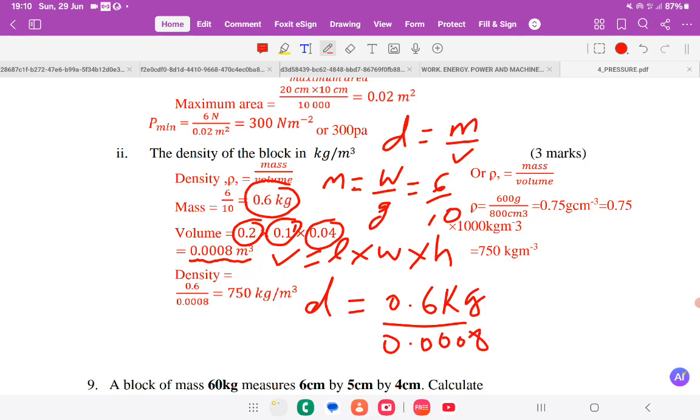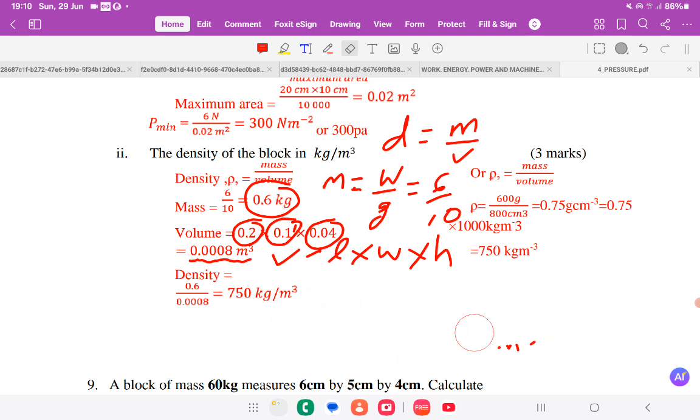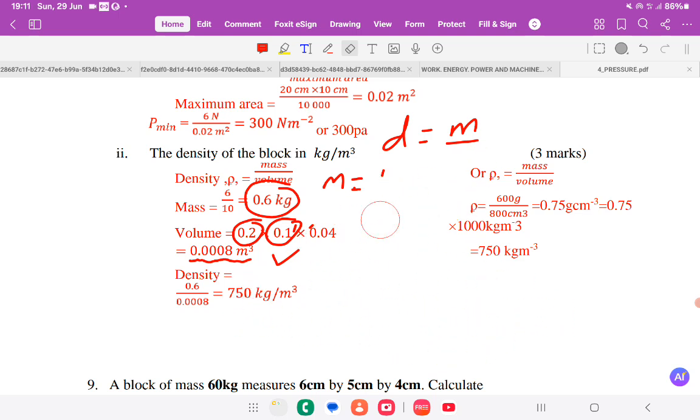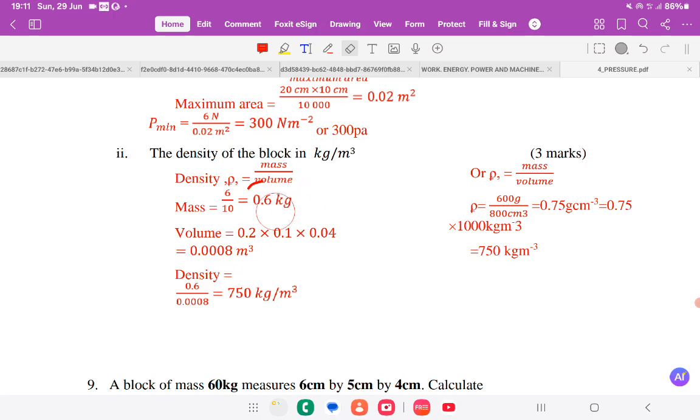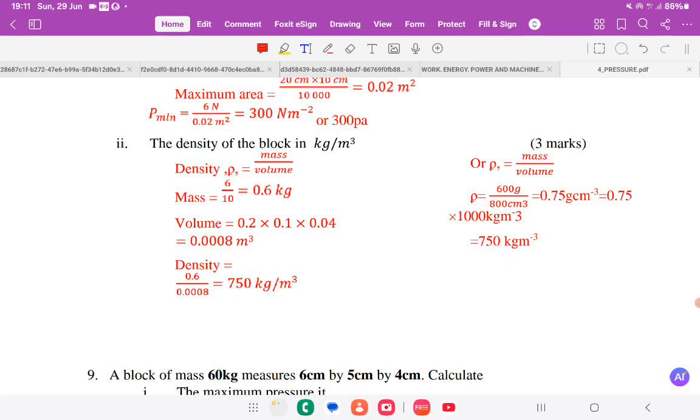So if you do your calculation properly, you should be able to get 750 kilograms per cubic meter. Please convince yourself that you can do this, and be confident. So that is that part.